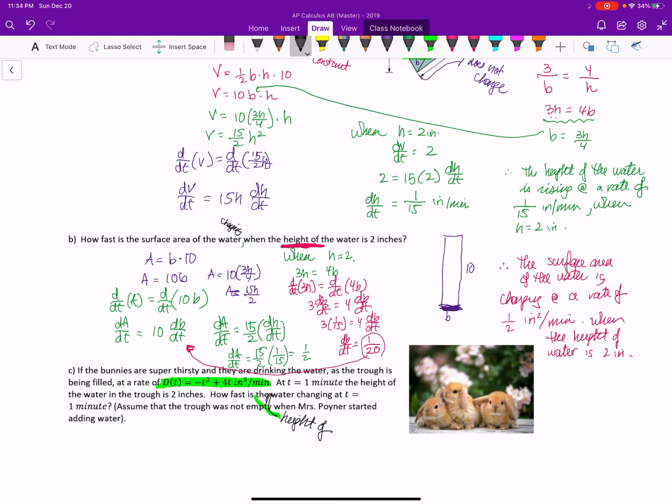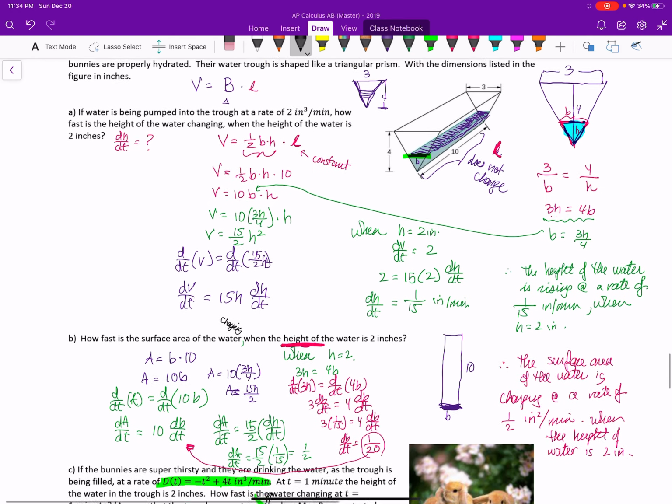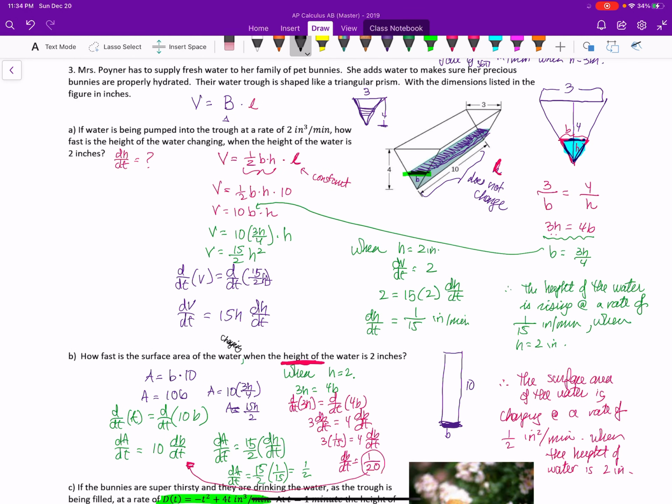All right, so if I'm asking you how fast the height of the water is changing, the only thing that changes is how the volume is affected, right? So it's really the rate going in as opposed to going out, because as water's coming in, water's also coming out.